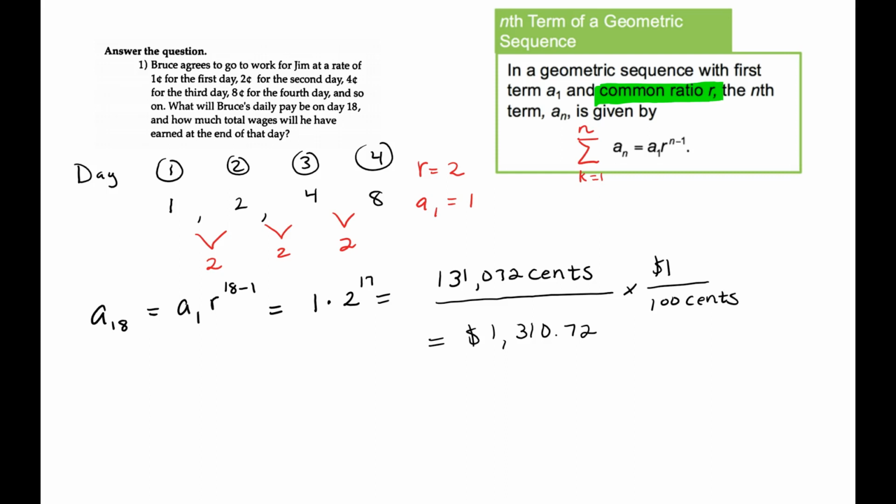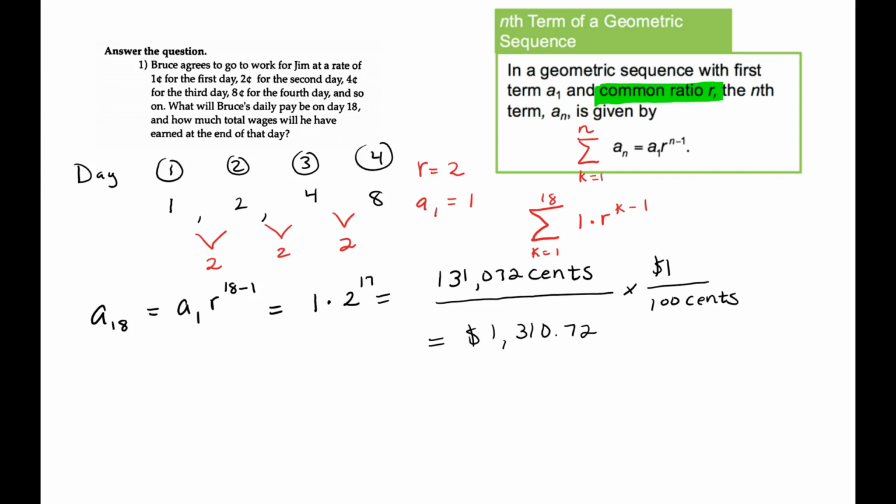So our formula might look something like this: the sum from k equal 1 to 18 of 1 times r to the k minus 1.